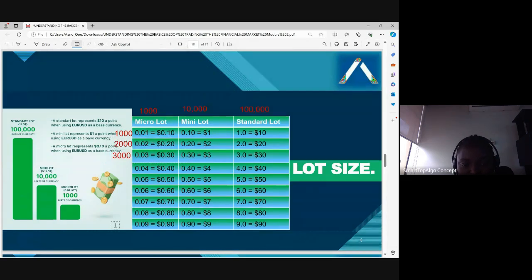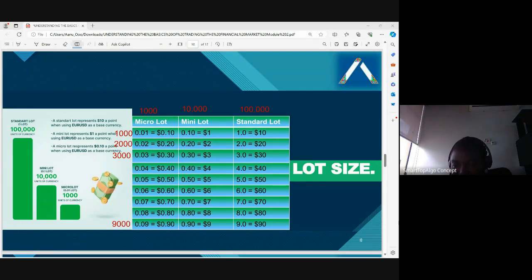The same way with 3,000, until we get to 9,000. So if I don't have up to 1,000, I cannot trade forex. And the same way with the mini lot: this is 10,000, this is 20,000, this is 30,000, this is 40,000, and like that. I don't know if we are still together.